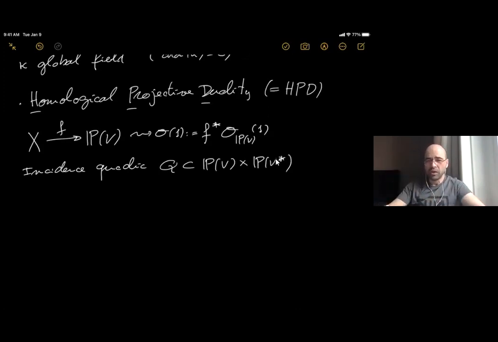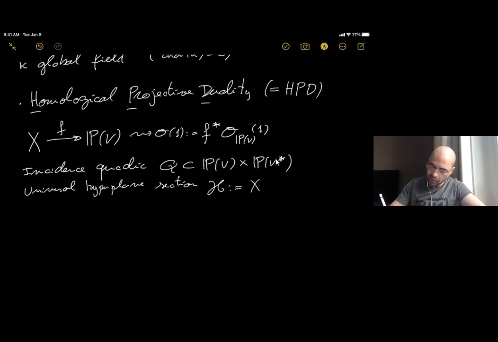So you can look at this incidence quadric, and you can look at this universal hyperplane section, which, let's call it H, is defined as this fiber product of X with this incidence quadric over the projective space, and this sits inside X cross the dual projective space.